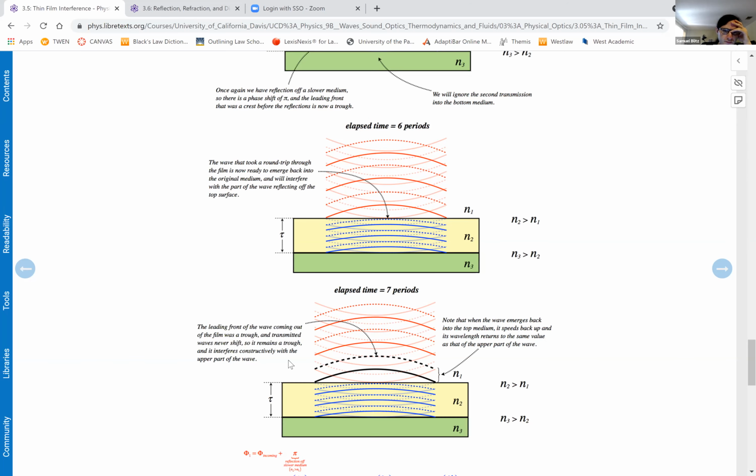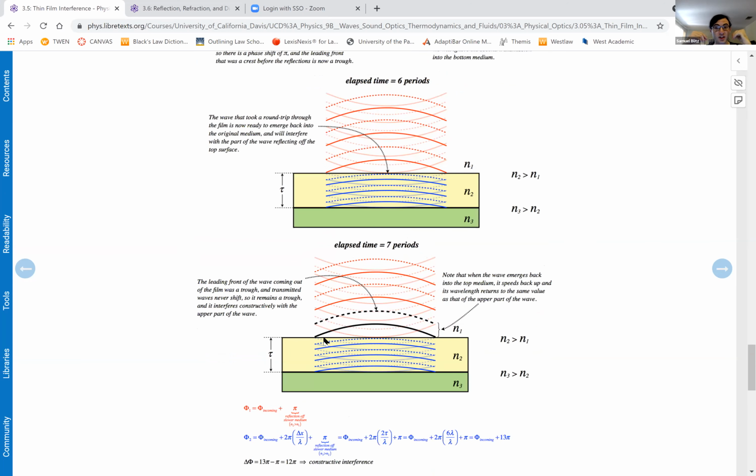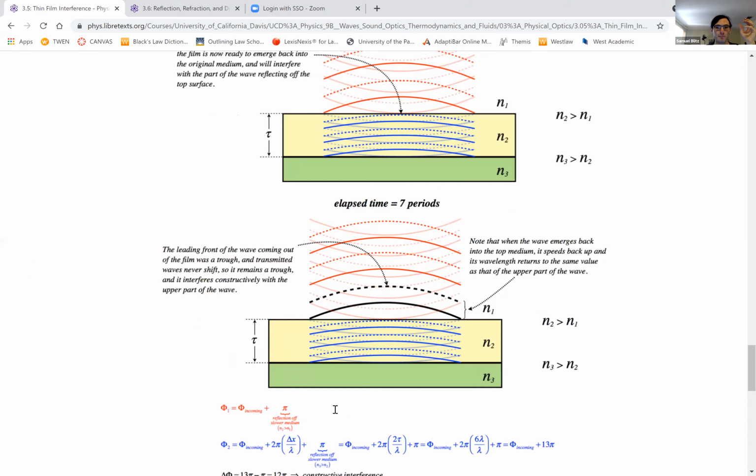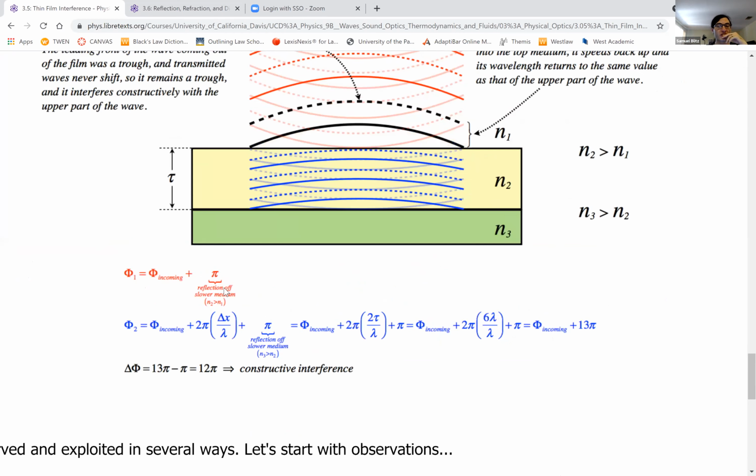And so what we have as a result of this is constructive interference from this reflection. So we can look at the total phase changes and compare them. I'm going to zoom in and show you. So the first reflected wave, it gets an inversion. So the accumulated wave, or the total phase difference between the incident wave on the surface and the reflected wave differs by just pi, because the wave goes from not being inverted to being inverted.